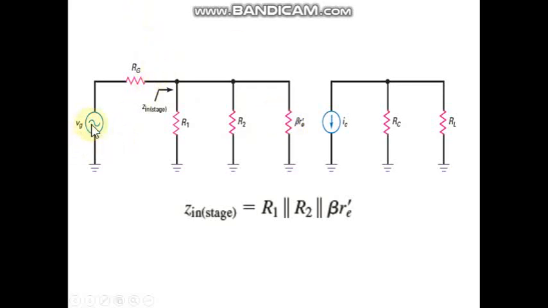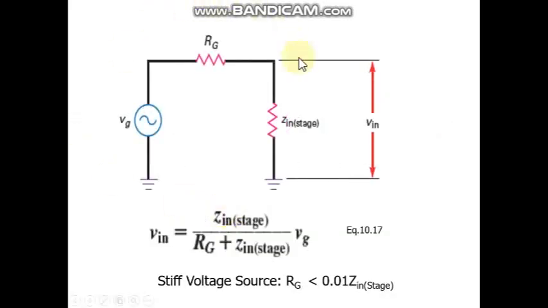Our voltage source is connected in series with the input impedance Rg, and it is driving this Z in stage. If we represent this Z in stage as an equivalent resistance, R1 parallel R2 parallel beta RE dash is called the Z in stage. So your input side can be simplified like this: voltage source, input impedance Rg, and Z in stage. The V input here will be Z in stage upon Rg plus Z in stage, into Vg.